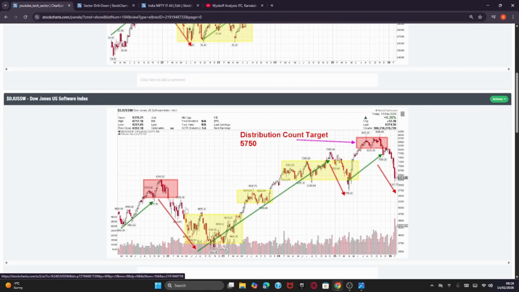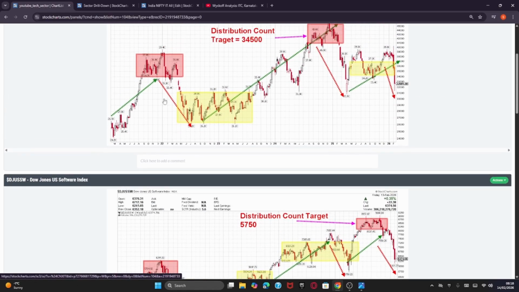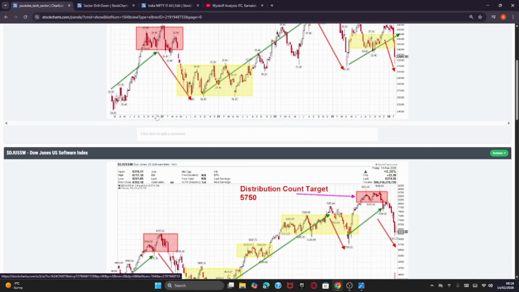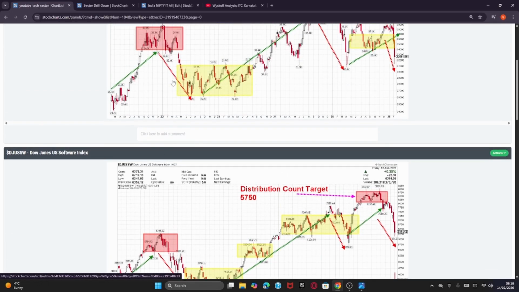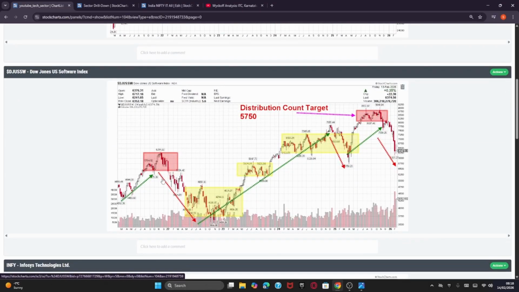Then there is a markdown, and before that there was a distribution somewhere around the middle of 2021 to 2022. The same is happening in the US market as well. Then you move forward, there is a markdown. Exactly, there is a markdown here as well.